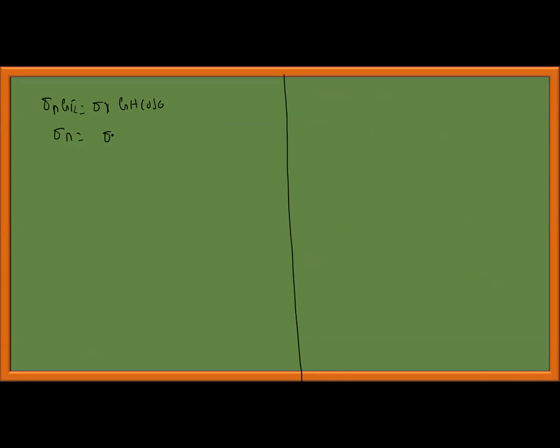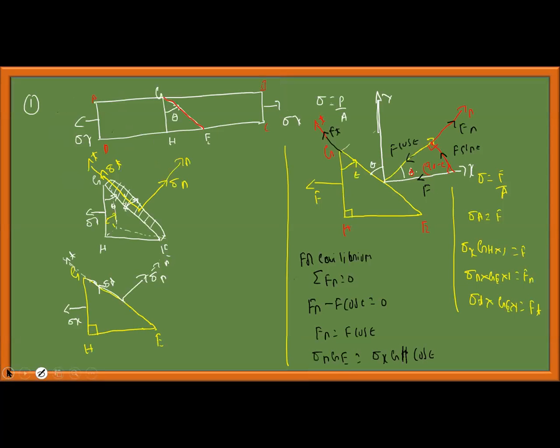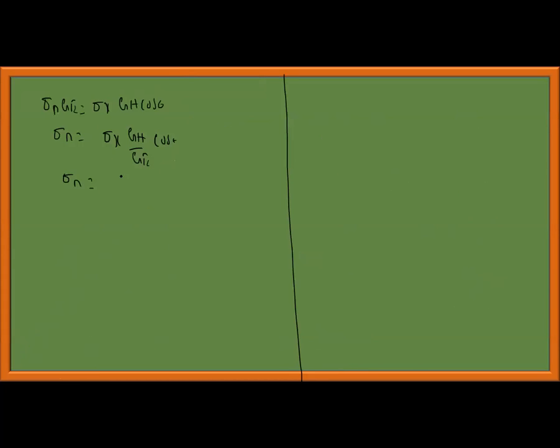So sigma n is equal to sigma x into G H by G E into cos theta. G H by G E is nothing but adjacent by hypotenuse, which is cos theta. So sigma n is equal to sigma x into cos square theta. This I will call 1.